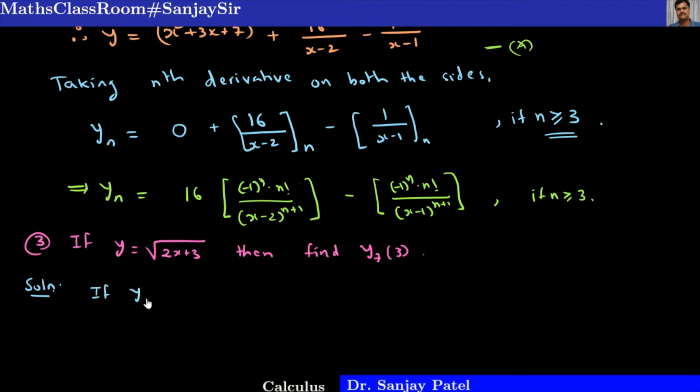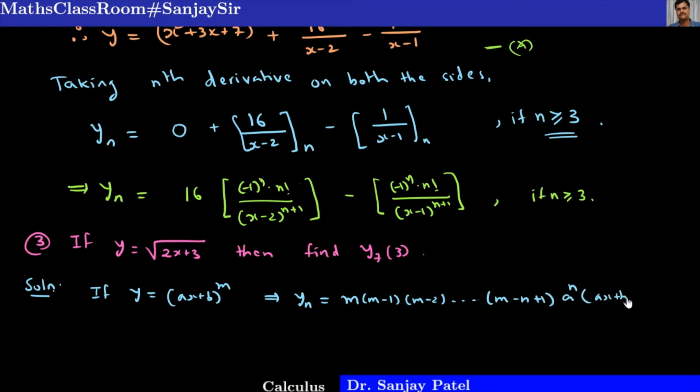If y is equal to ax plus b raised to m, where m is any value, not necessarily an integer, then its nth derivative yn is given by m into m minus 1, m minus 2, up to m minus n plus 1, into a raised to n into ax plus b raised to m minus n. This formula we can use for finding the nth derivative of ax plus b raised to m, where m is any rational number or some real number.